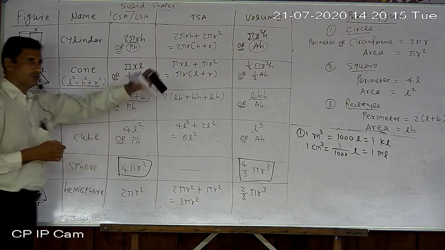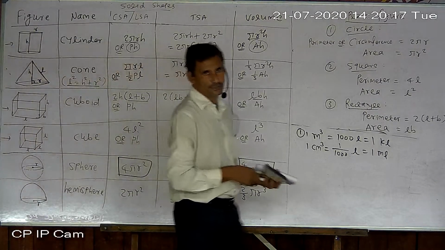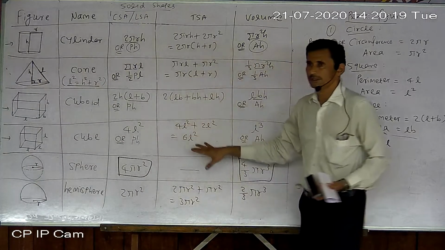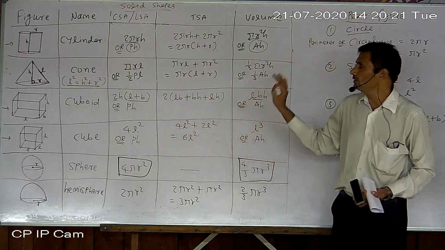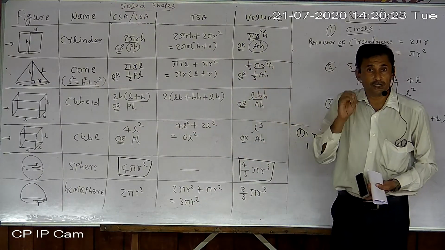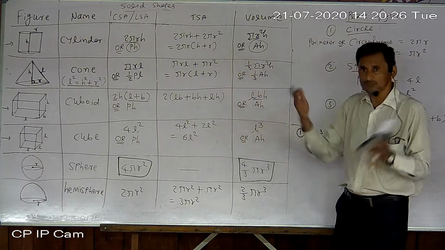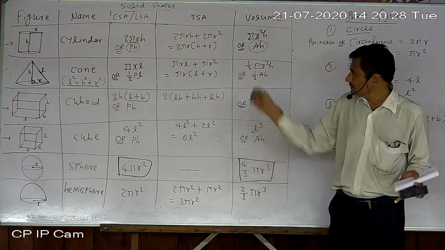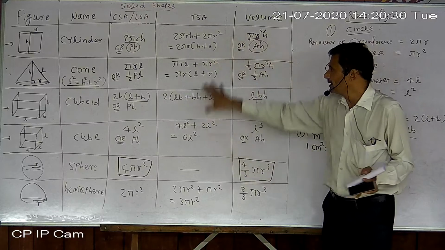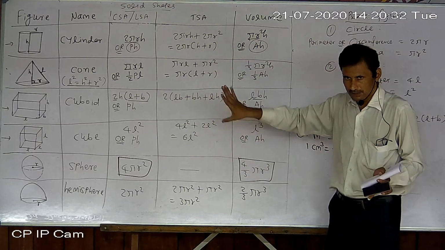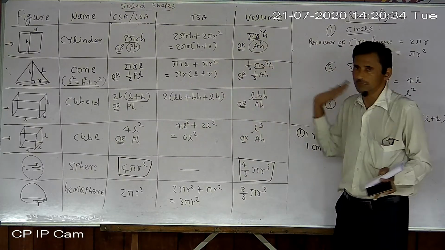So today I am not giving you any homework, but the homework is this: you just learn all the formulas and give a taste of these formulas to yourself. Just prepare a blank table, and then write down all the formulas.